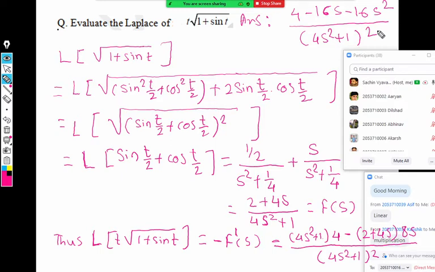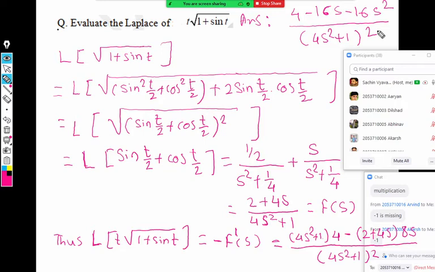If you have any doubt, you can tell. Minus 1 is missing. Yes, correct. Very good. This is a silly mistake that happens, I already told. This minus 1 is very important. Out of 5, you may lose 1 or 2 marks for not writing the minus sign. So you should write the minus sign everywhere.